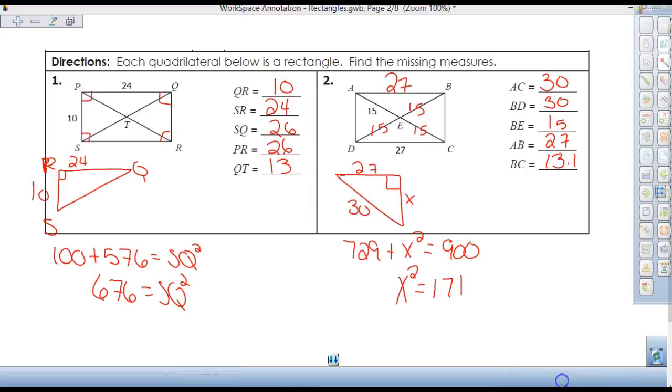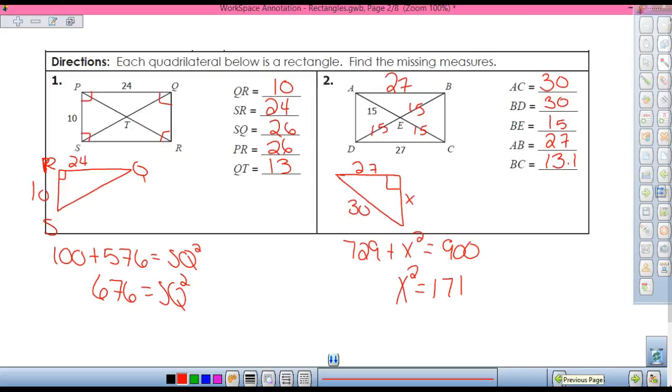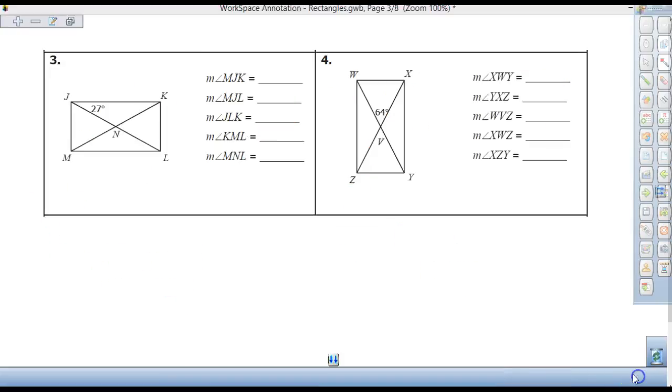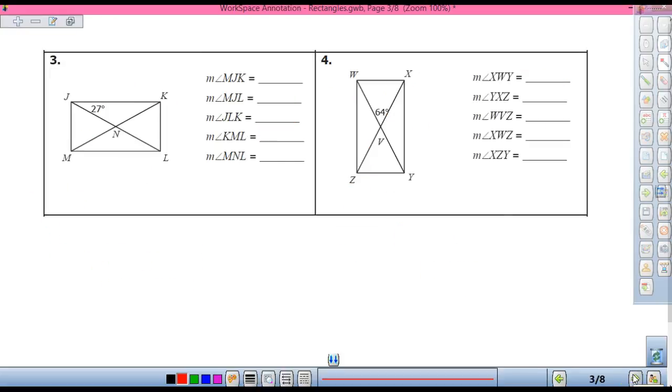Alright, so guys, if we look at this triangle right here, each one of these triangles is what kind of a triangle? Oh, it's not equilateral. Isosceles. Okay, so if these two sides are congruent, these two base angles are congruent, right? So that's going to help us out when we get over here.